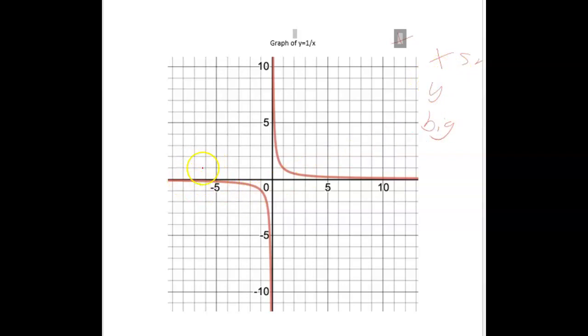Over here, on the left side, x's are negative, and y is negative. So when you do positive 1 divided by a negative x, you get a negative value for y.